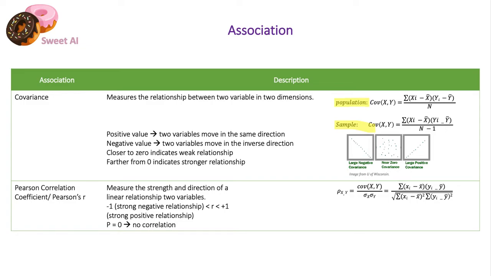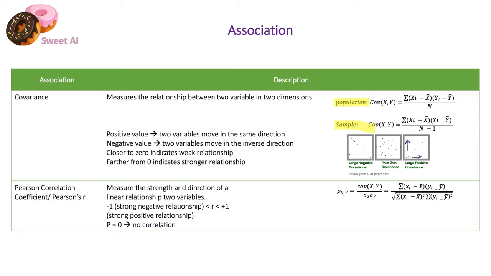If the covariance is positive, it means both are going toward a positive value, and it shows the two variables move in the same direction.